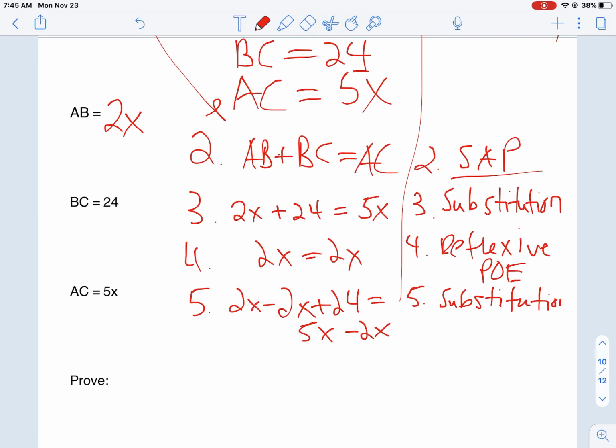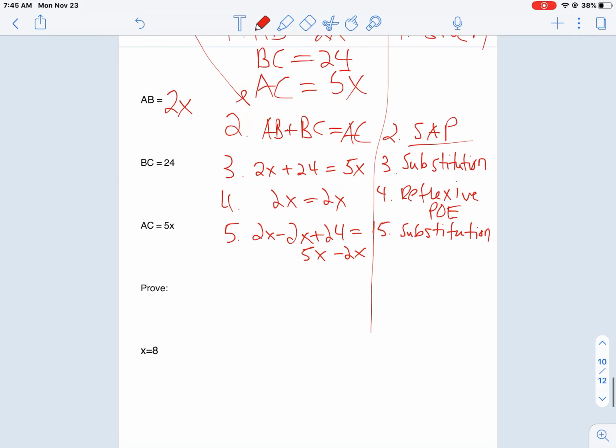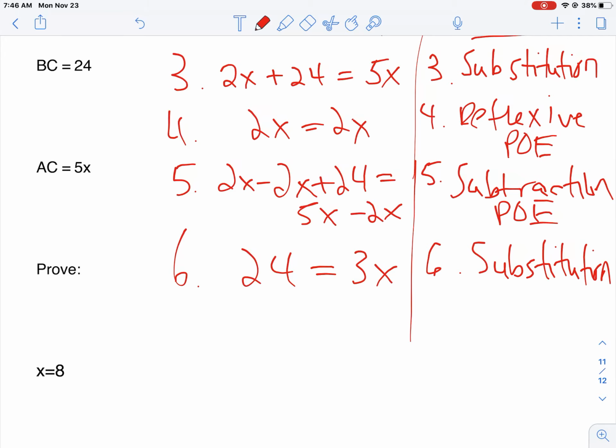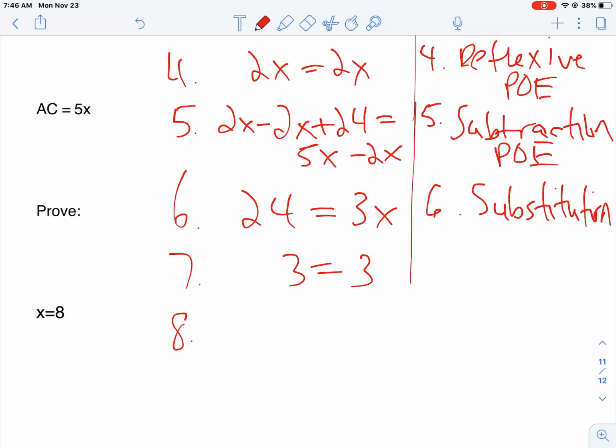So we get 24 equals 3x. Oops. I'll put substitution there. I should say subtraction. All right, so now we need to solve. 3 equals 3.